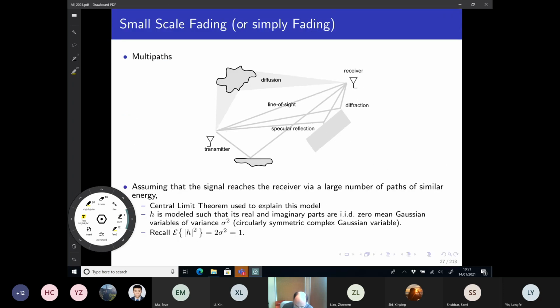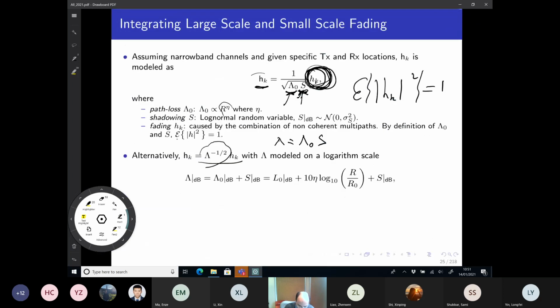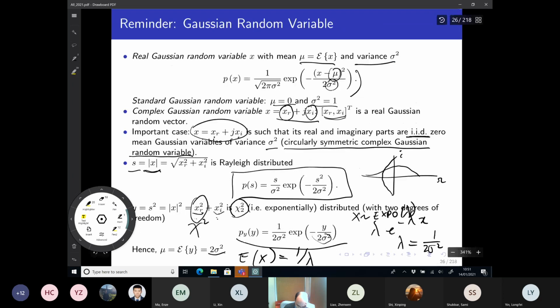Good. So this is a reminder, and now we're going to use this to model this. I was saying earlier that we have this quantity here. So let's imagine now that I want to model H as a circularly symmetric complex Gaussian random variable. That means the magnitude of H will be Rayleigh distributed, and the magnitude square of H will be exponentially distributed with parameter 1 over 2 sigma square.